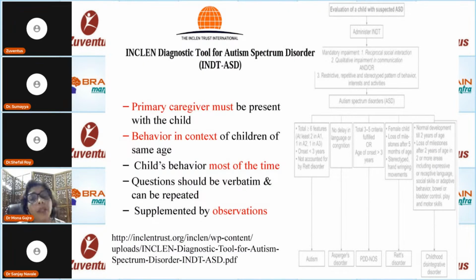Now coming on, though you do not need to know this, in case you are comfortable with downloading the app, which is available from the AIMS website, this is how the AIMS Inclin diagnostic tool looks like. It covers the entire spectrum of autism, from classic autism to Rett syndrome to Asperger's syndrome.